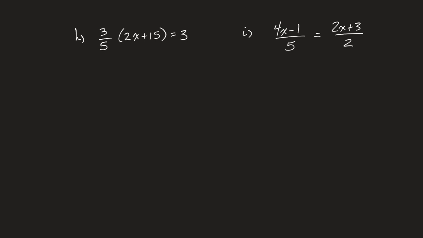We notice that we have a divide by 5 on the left side. So what I can do is multiply both sides by 5. Therefore, my 5s will divide out on the left side, and we can then simplify what we have.